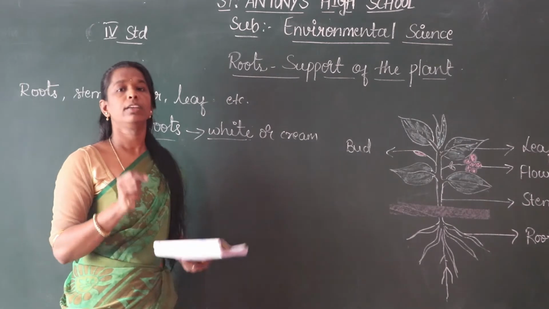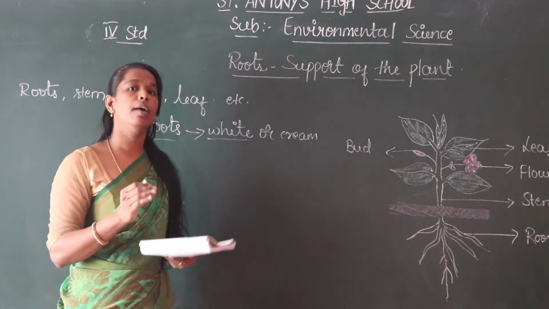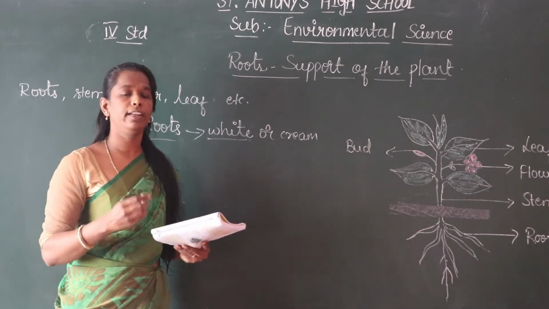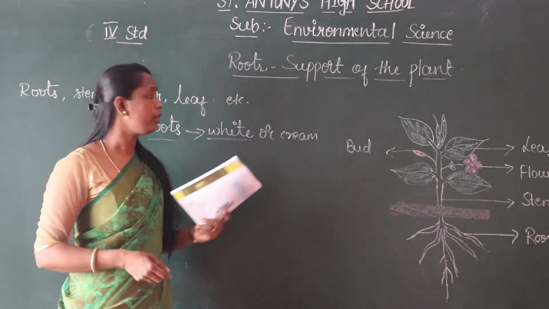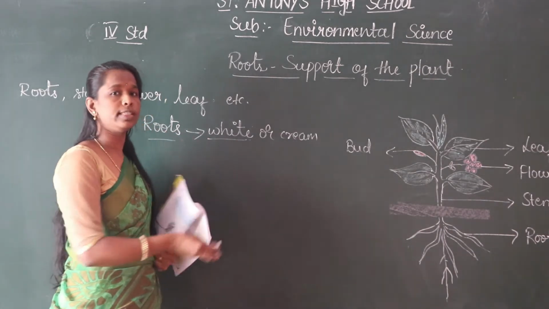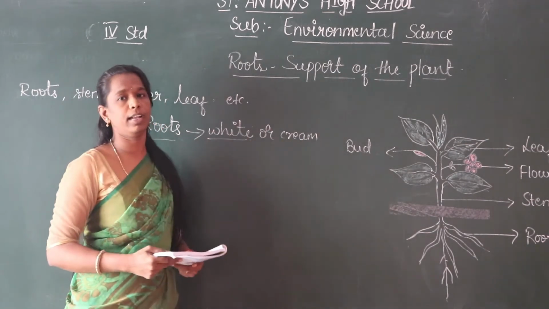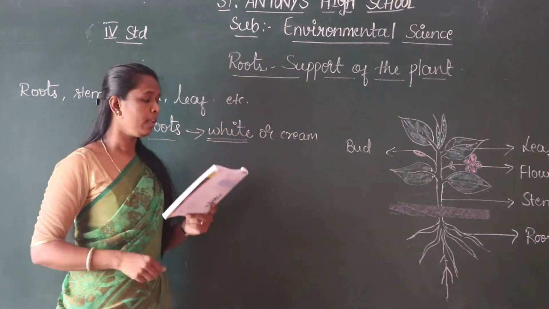If you see, you have to write in your rough book how many types of roots you are seeing. So this is about the color of the root. White, or it may be cream color. Usually the roots are white.